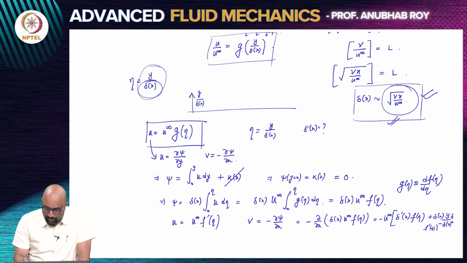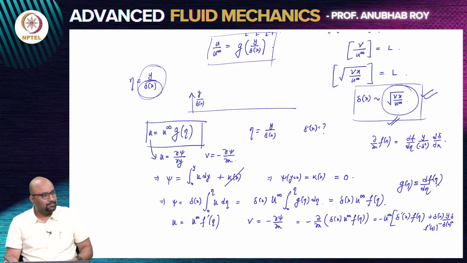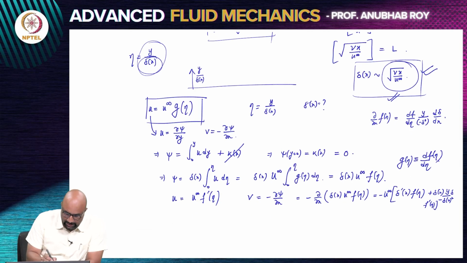So, you take the x derivative. When you take the x derivative of f of eta, so when you are writing dou x of f of eta, that would be df d eta multiplied by dou x of eta, which would be y minus delta square d delta dx. Okay. So, that is basically the expression you have for the velocity component. So, we will require them later.